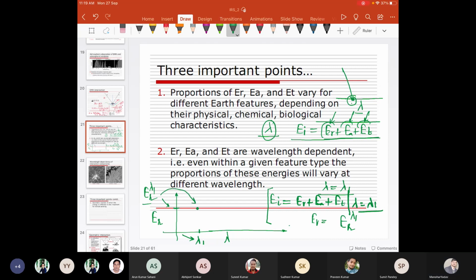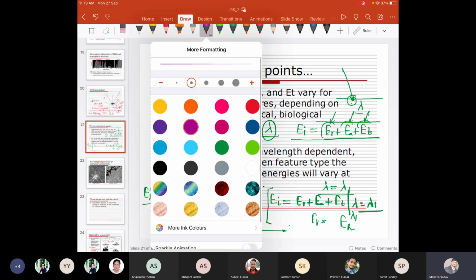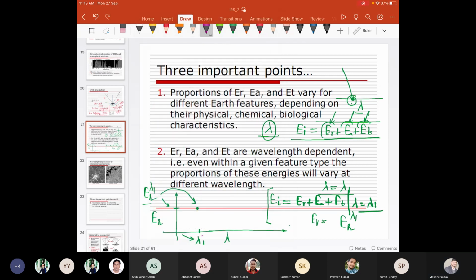But for the rest of the wavelengths, in addition to lambda 1, there will be two ranges. This range is lambda is greater than lambda 1, and this range is lambda is less than lambda 1.